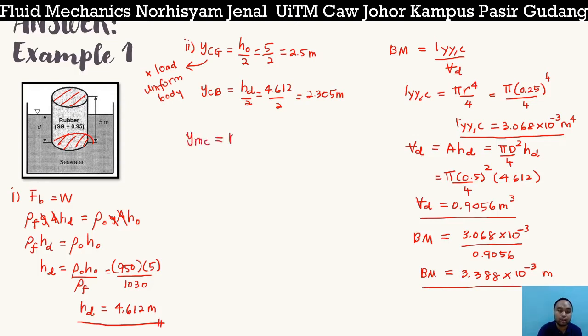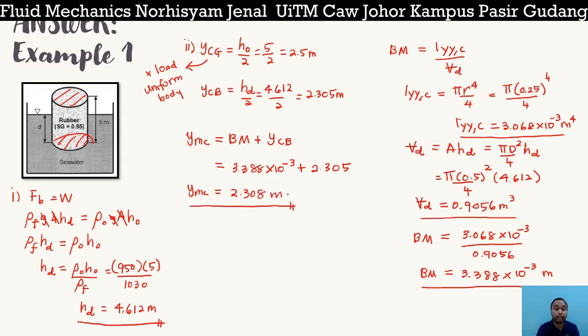So YMC is just BM plus YCB. So BM is 3.388 times 10 to the power of negative 3 plus your YCB, which is 2.305. So your YMC equals to 2.308 meter.